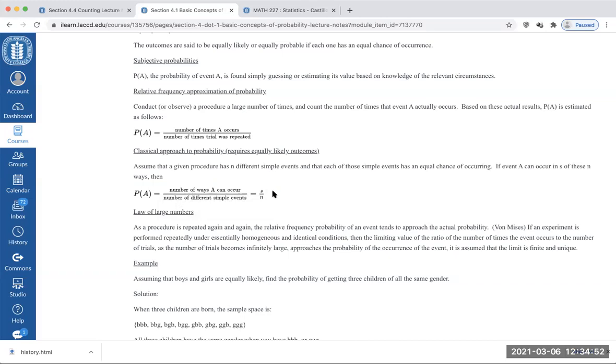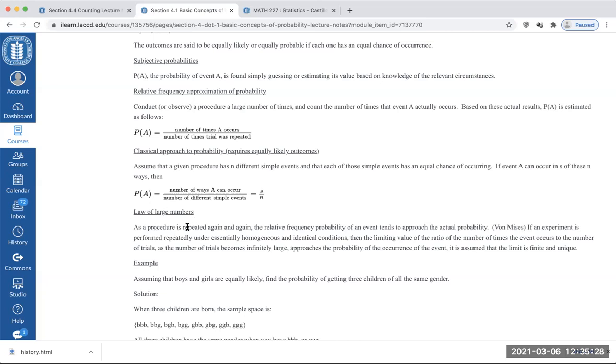It's the number of ways that A can occur divided by the number of different simple events, the size of your sample space. The law of large numbers says that these will approach each other. So as the procedure is repeated again and again, the relative frequency probability of an event tends to approach the actual probability.